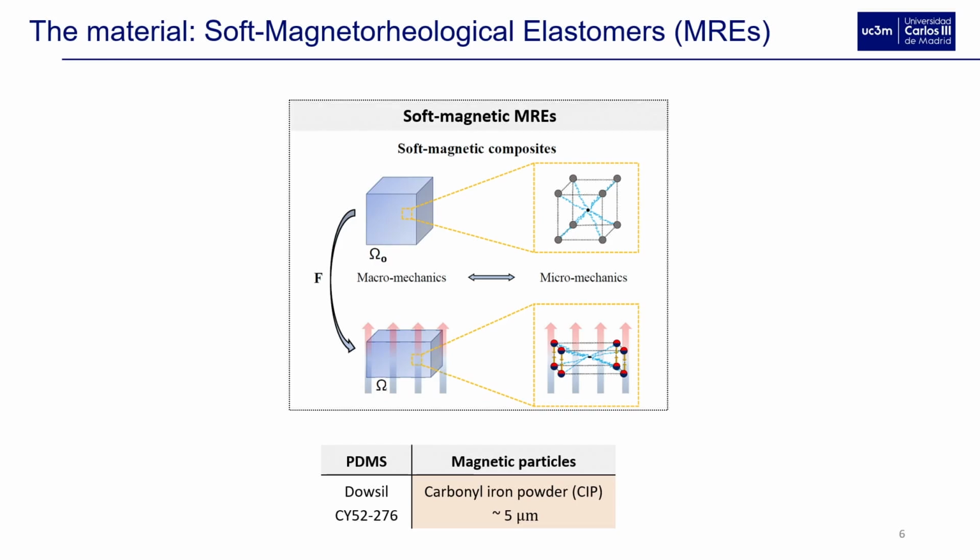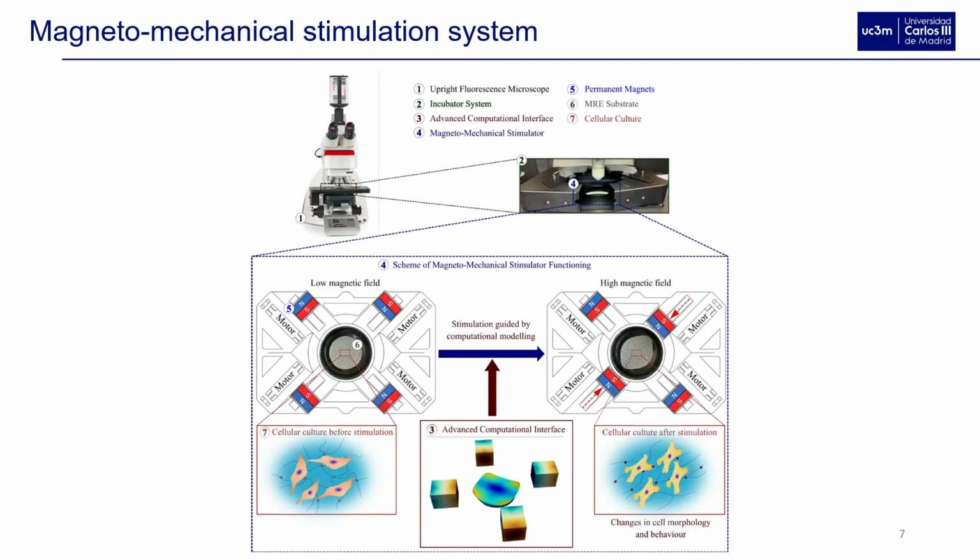In our case, our elastomeric matrix is our old friend PDMS, and the magnetic particles are carbonyl iron powder that are placed in the elastomeric matrix in several concentrations of particles.